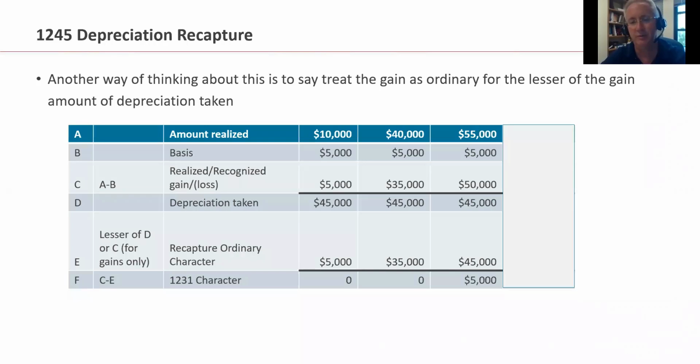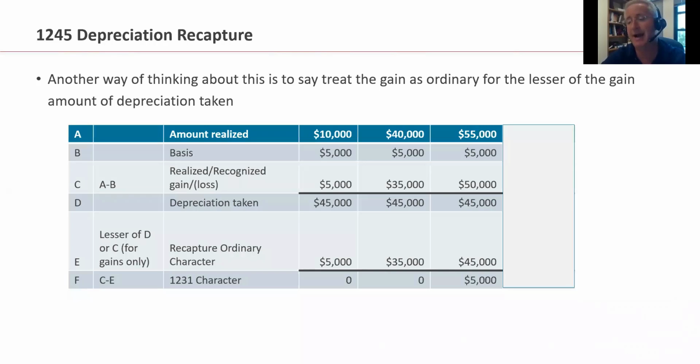So as a result, her realized and recognized gain is $50,000. She took $45,000 of depreciation. I have to recapture as ordinary the lesser of depreciation taken or gain recognized. In this case, the depreciation is the lesser of the two. She'll recapture, or treat as ordinary, $45,000 of that $50,000 gain. The remaining $5,000 falls to 1231 character.